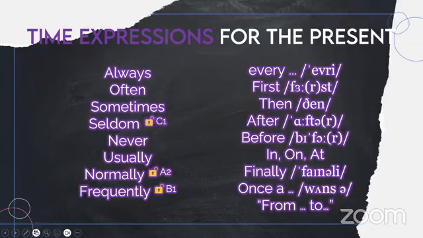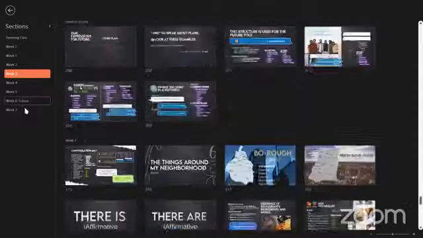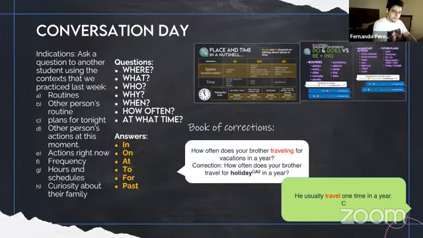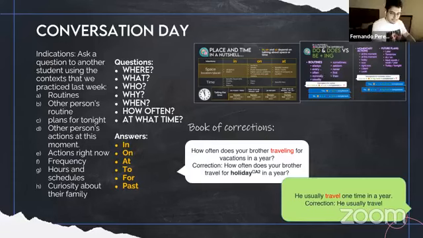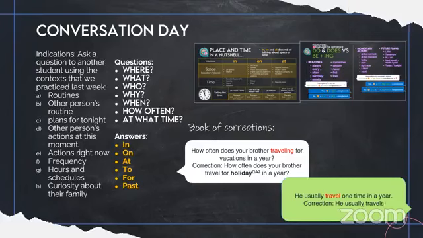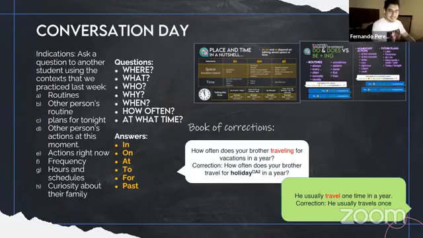Correction. So it's he usually travel once a year. I travel, you travel, and he, she, it? Travels. Yes. Travels. Once.